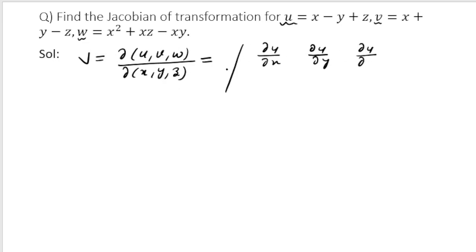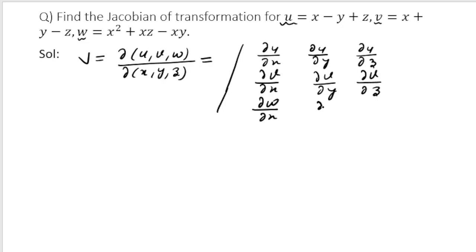First I fix u and differentiate with respect to x, y, z, and then I fix v, so del v by del x, del v by del y and del v by del z, and then I fix w, so del w by del x, del w by del y and del w by del z.